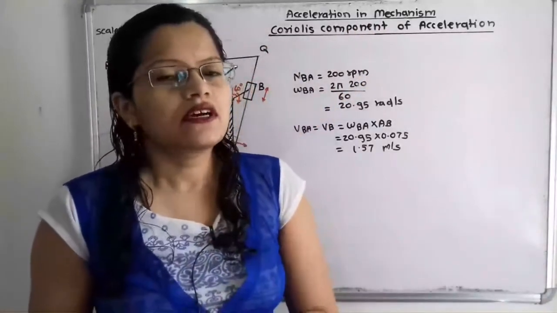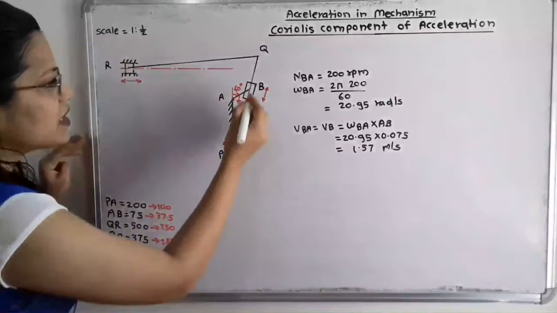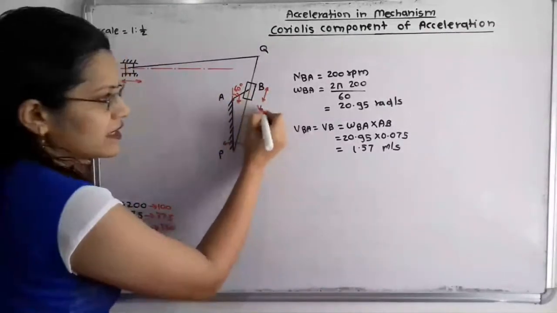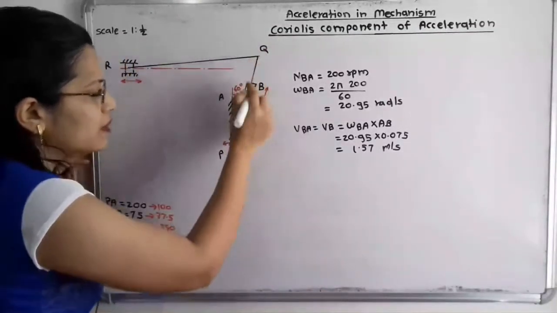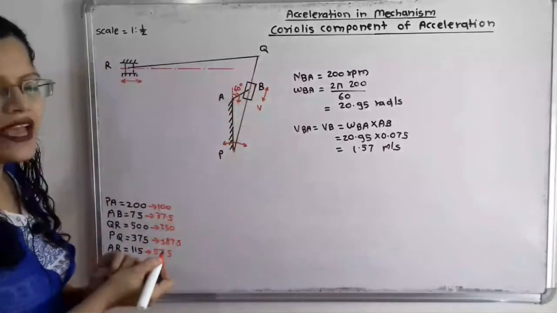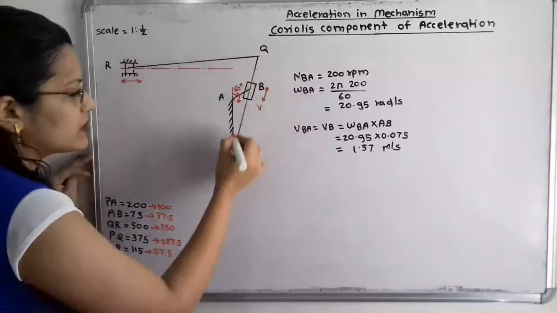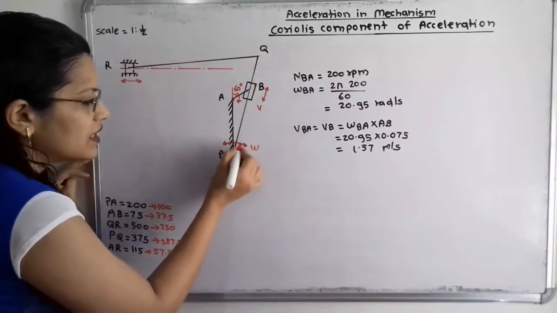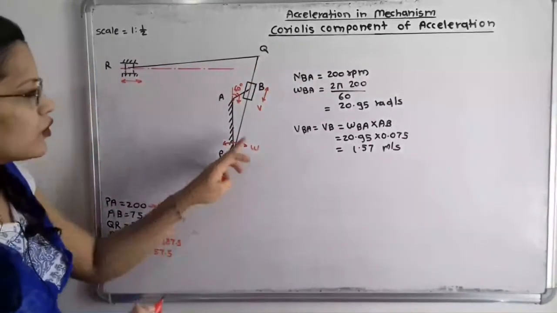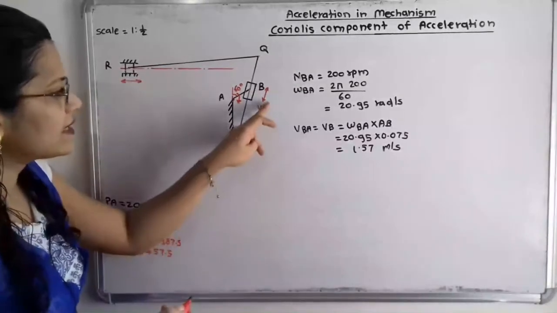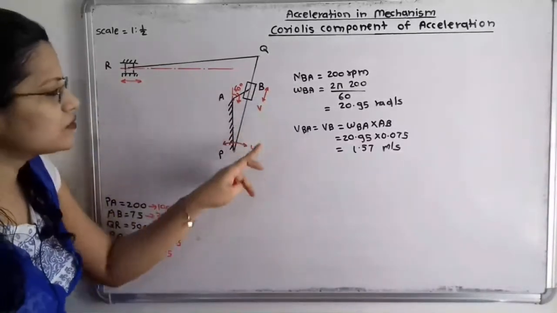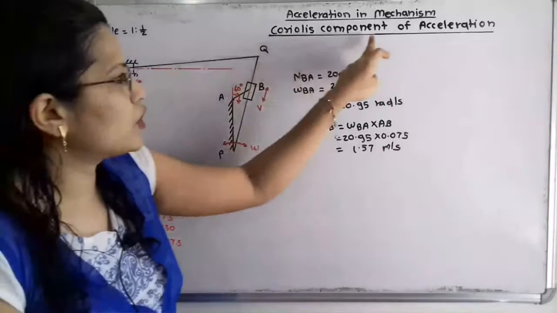For this calculation we require the linear velocity V of the slider along the slotted bar PQ, as well as the angular velocity omega of the bar PQ about center P. When V and omega are calculated, from these two values we can calculate the Coriolis component of acceleration.